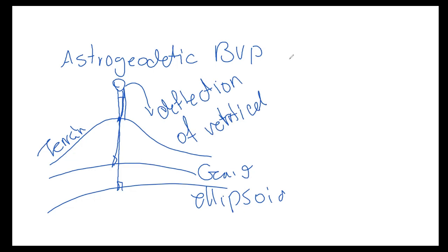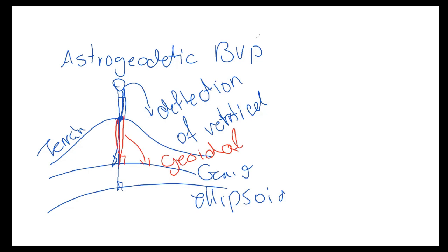This deflection of vertical can be measured at the surface of the terrain, which is called the surface deflection of vertical, or it can be counted here, which is called the geoidal deflection of vertical. So here we assume that we have the geoidal deflection of vertical.